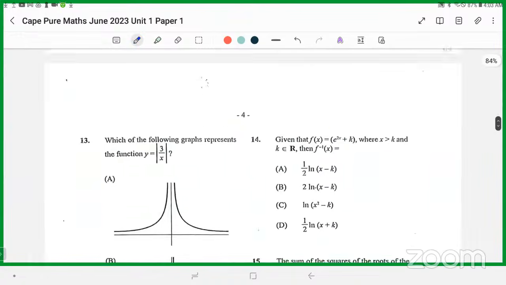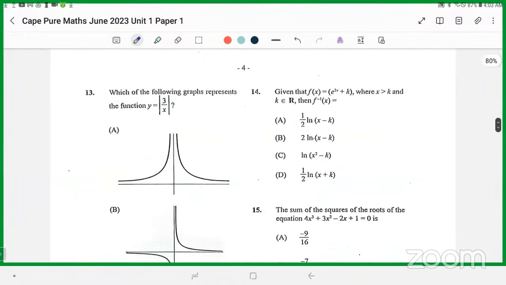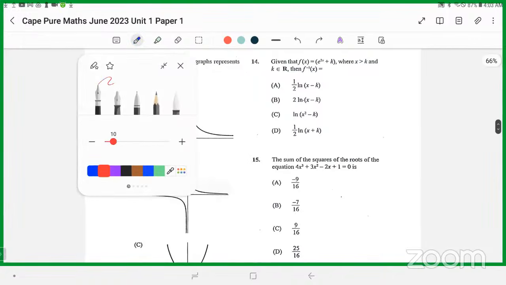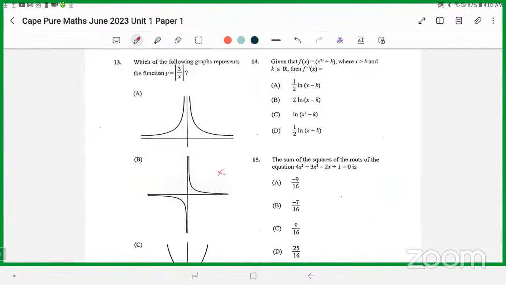Next question. The modulus of 3 over x. So it's a modulus function, all parts of it above the x-axis. This one actually looks like 3 over x, straight, without the modulus.